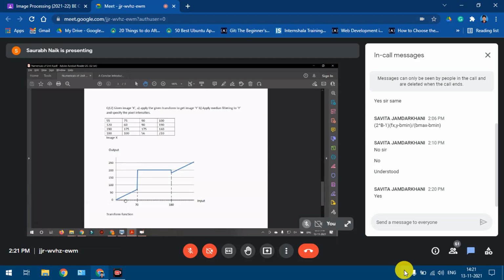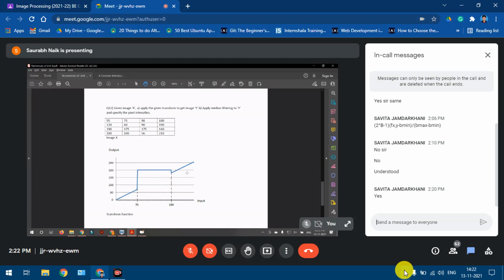The transform is such that whatever is the input stays the same unless you are in the range of 70 to 180. Inside 70 to 180, the value is set as 200. So any pixel value between 70 and 180 will be set to 200. The rest of the values stay the same as the input.